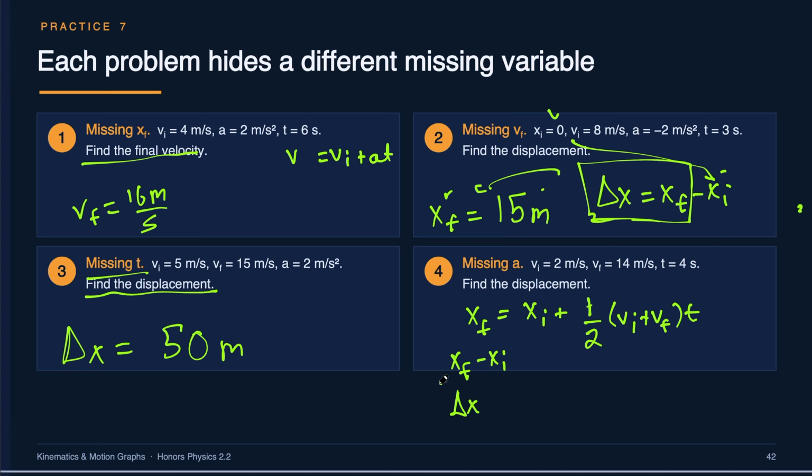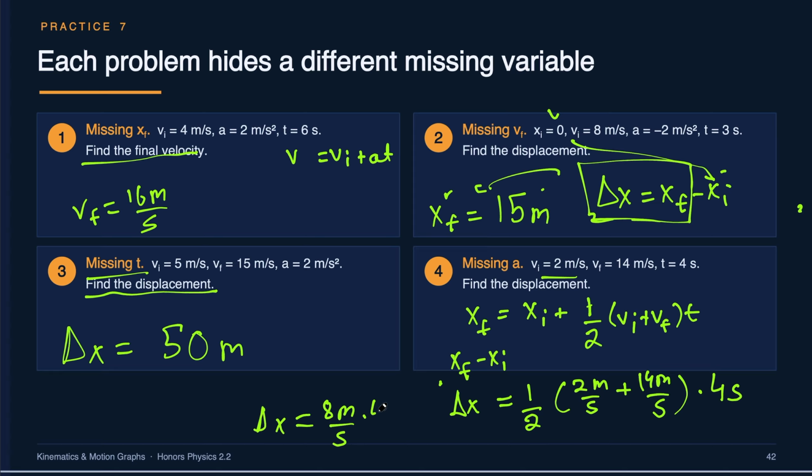So displacement delta x is equal to 1/2 times V_i plus V_f. V_i is 2 meters per second plus 14 meters per second times t, or 4 seconds. Delta x is equal to 16 meters per second, 8 meters per second times 4 seconds, or 32 meters.